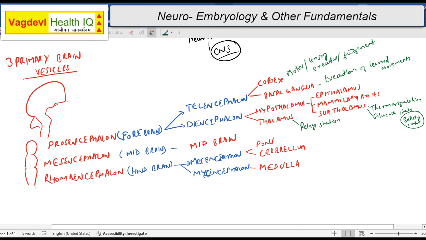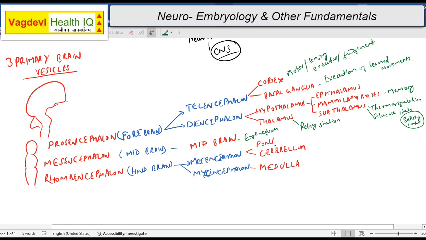And what about mammillary bodies? Anyone? Mammillary bodies are basically memory. Okay, higher function. Midbrain is basically eye reflexes or eye movement.